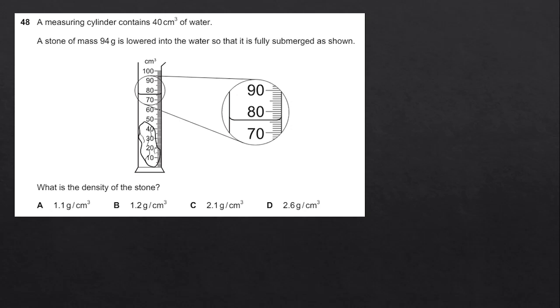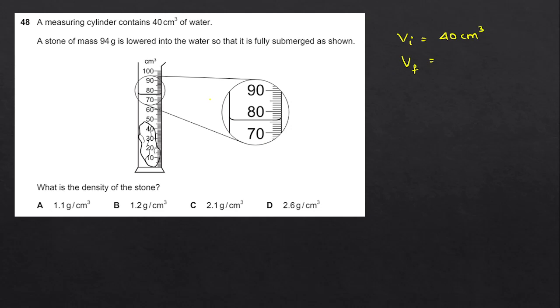A measuring cylinder contains 40 cm cube of water. A stone of mass 94 gram is lowered into the water so that it is fully submerged as shown. What is the density of the stone? Let's find out what is the initial volume of water. So the initial volume is 40 cm cube and now we have to determine what is the final volume.